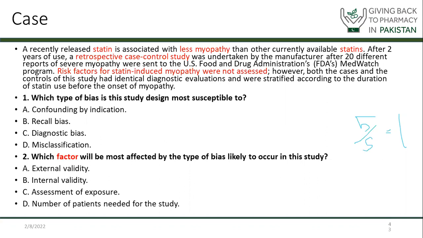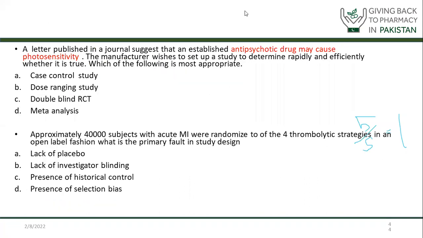Okay. A letter published in a journal suggested that an established antipsychotic drug may cause photosensitivity. Okay, this is an adverse effect study. The manufacturer wishes to set up a study to determine rapidly and efficiently whether it is.